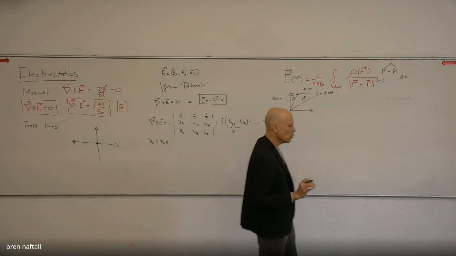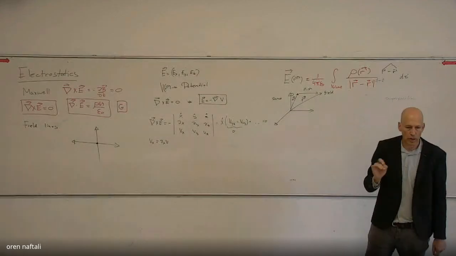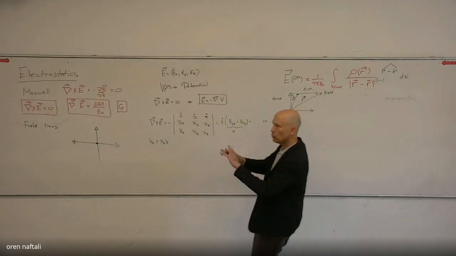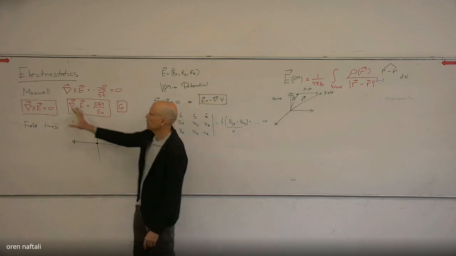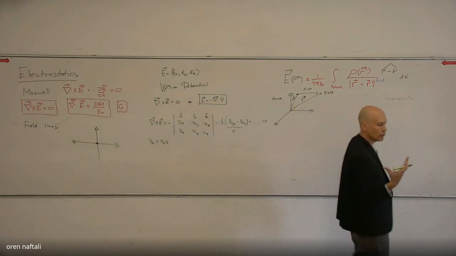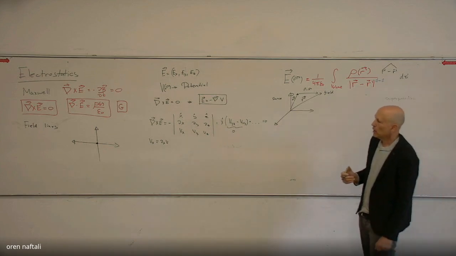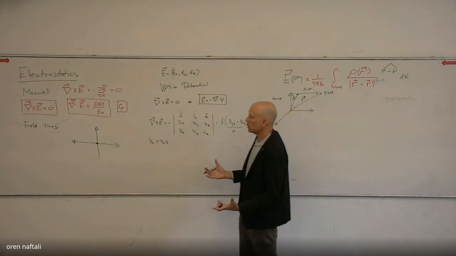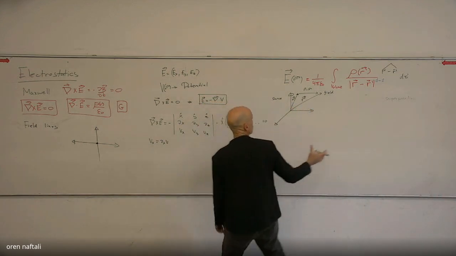The reason I'm using one charge is that if I show you that this curl is 0 for one charge, then I can prove it for any set of charges because of this magic word, superposition.